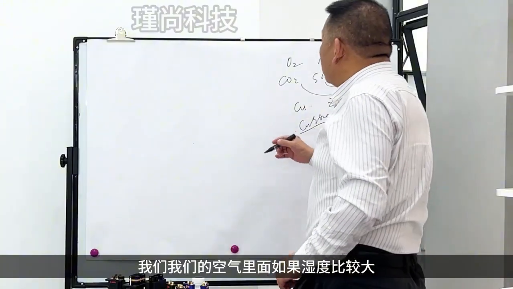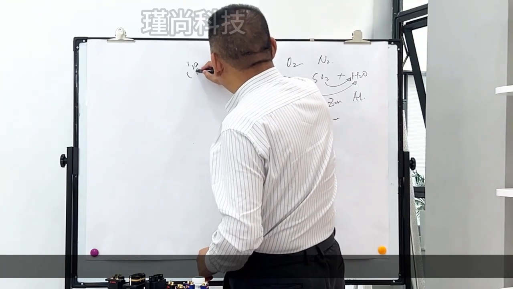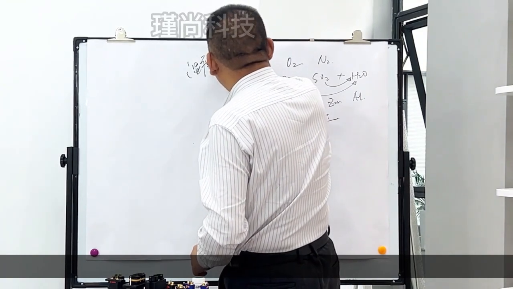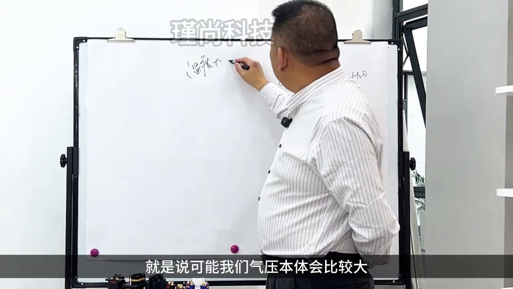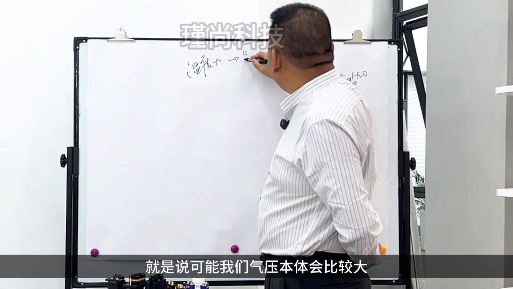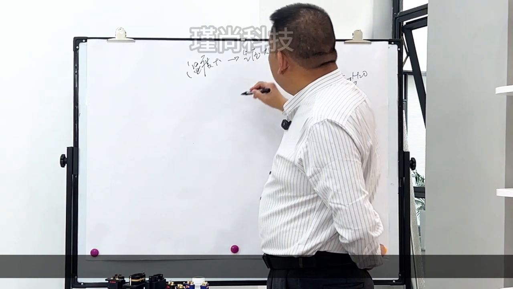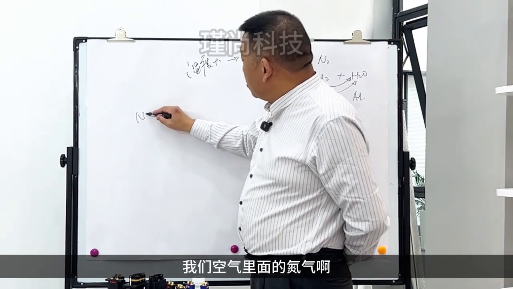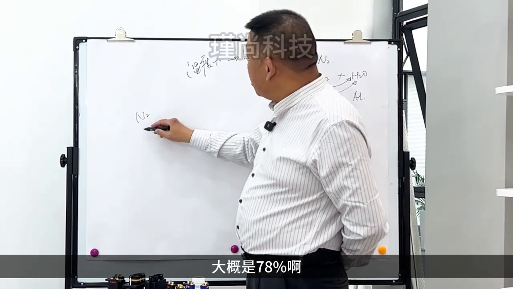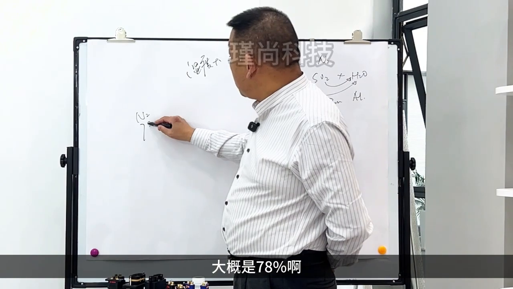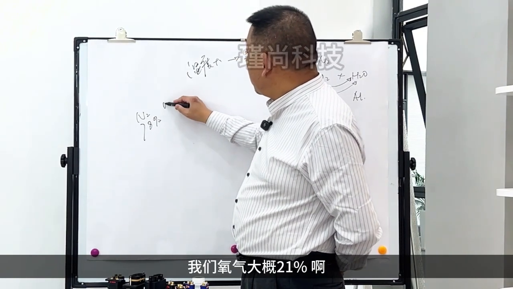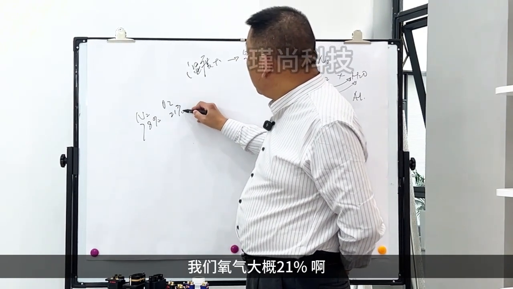Under normal circumstances, if the humidity in our air is relatively high, it's actually very humid. It actually means something else. That means maybe our air pressure itself will be higher. Because under normal circumstances, the nitrogen in our air is about 78%, we have about 21% oxygen, and the rest of the gas is about 1%.